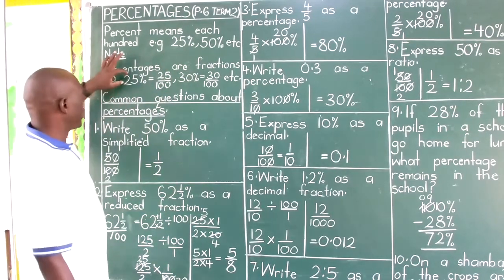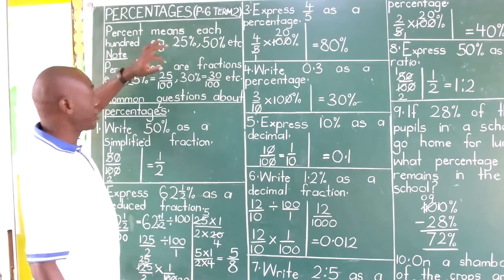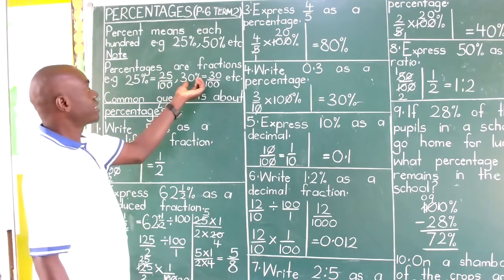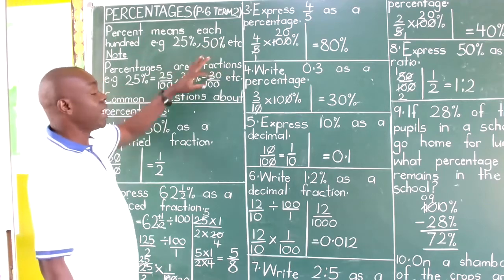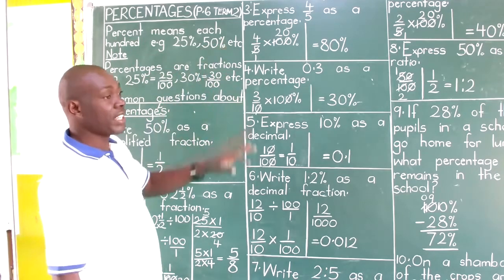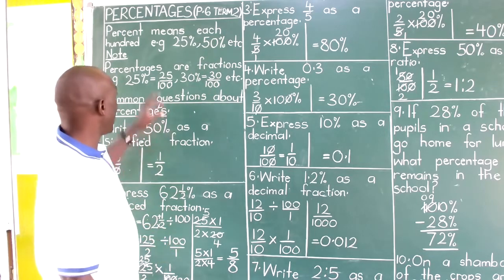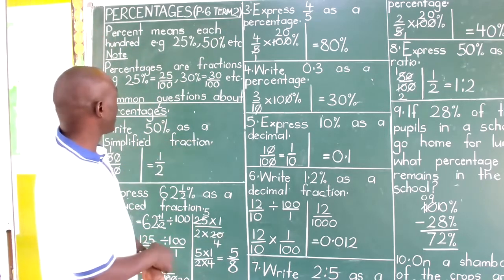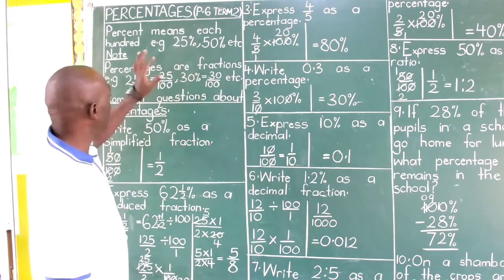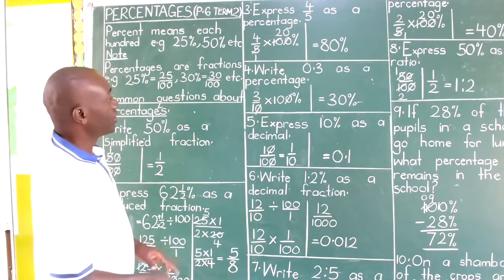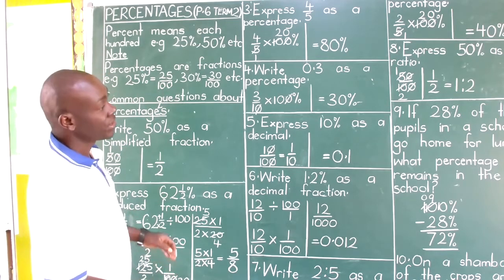For example, 25% written as a fraction is 25 out of 100. Then 30%, 30 out of 100. 50%, 50 out of 100. So percentages are within the fraction topic, a continuation of fractions.